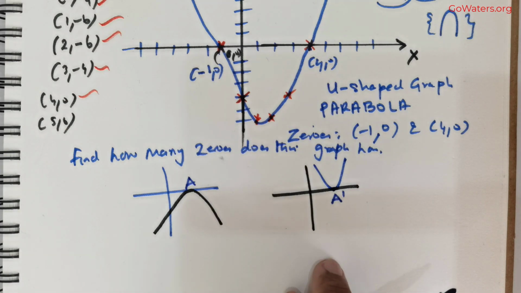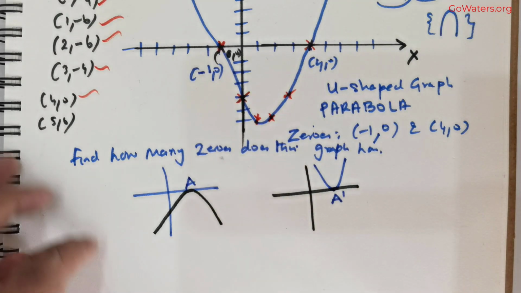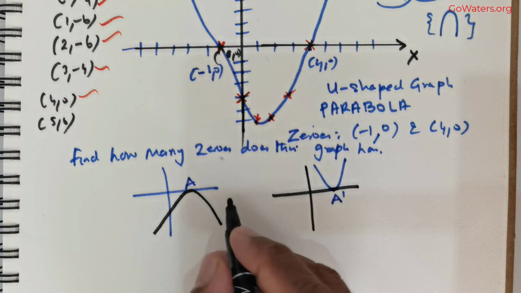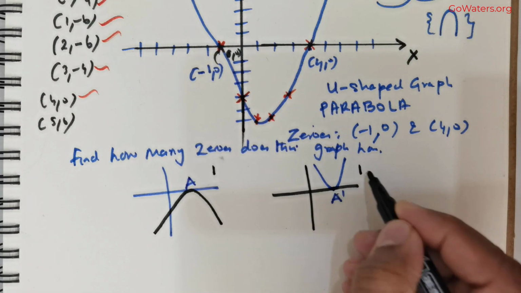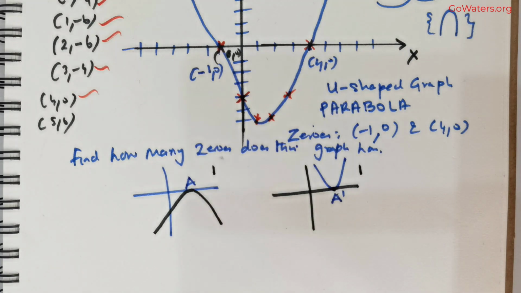So how many zeros do you think? Just one. Number of zeros here, it's only one. Number of zeros here, it's only one. There's only one point of contact. That point of contact is also considered an intersection. Though the touch is treated as a touch, yet it is considered an intersection.